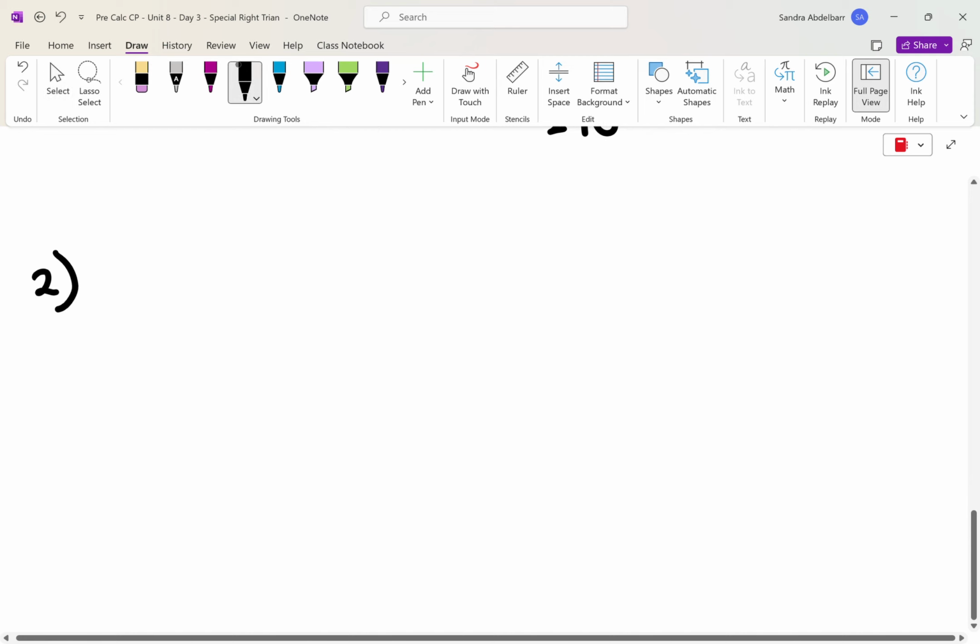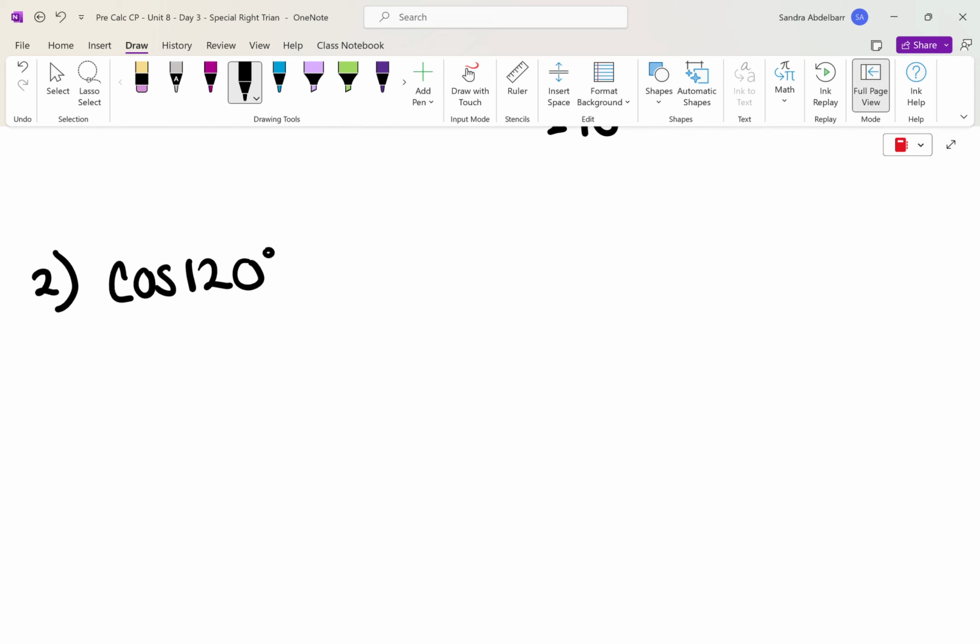Okay, let's go on to the next one. Cosine of 120 degrees.